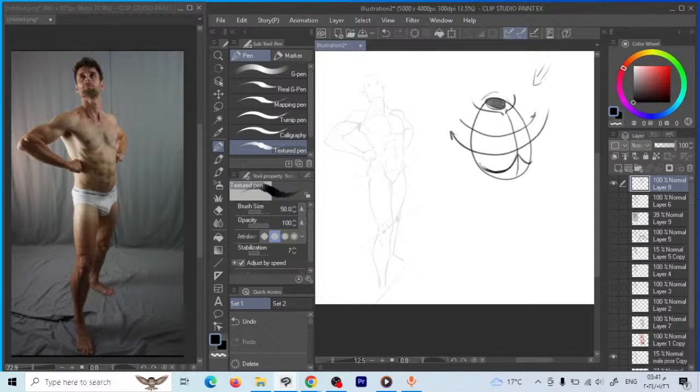The other one, just a little bit of the neck showing, but you're going to see the rib cage like this. So things will be wrapping like this.